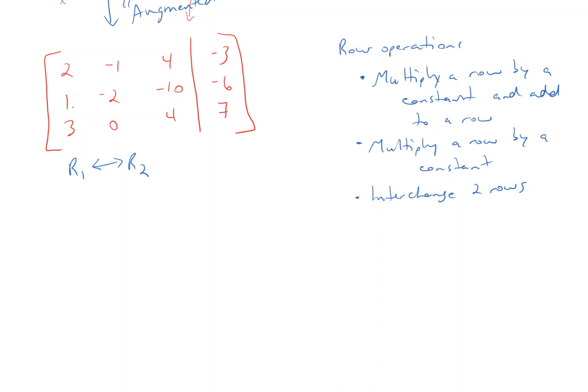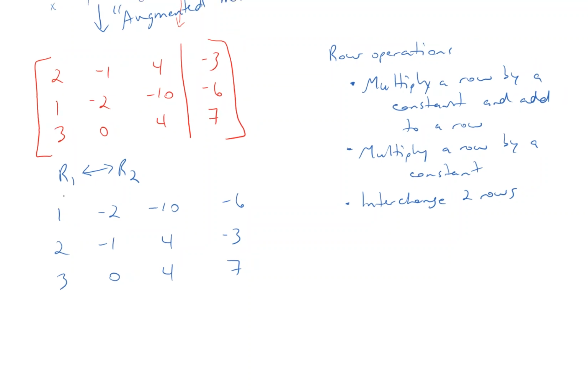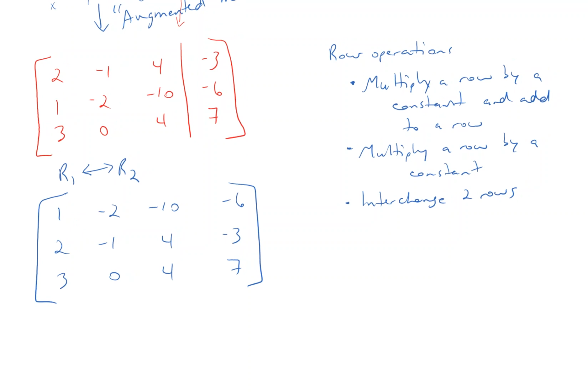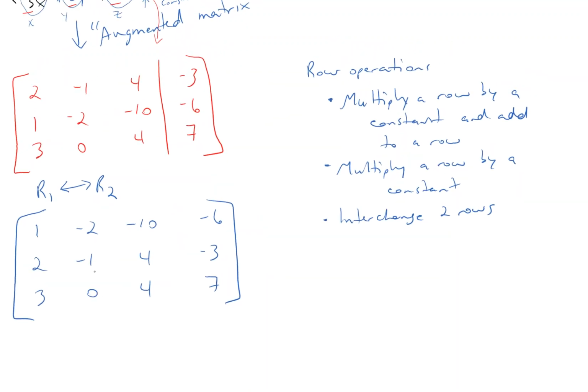My first row is now what was my second row: 1, -2, -10, -6. And my second row is my previous first row. I'm doing that because 1s are easy to use to cancel things out. So here's my new augmented matrix, equivalent to what I had before.